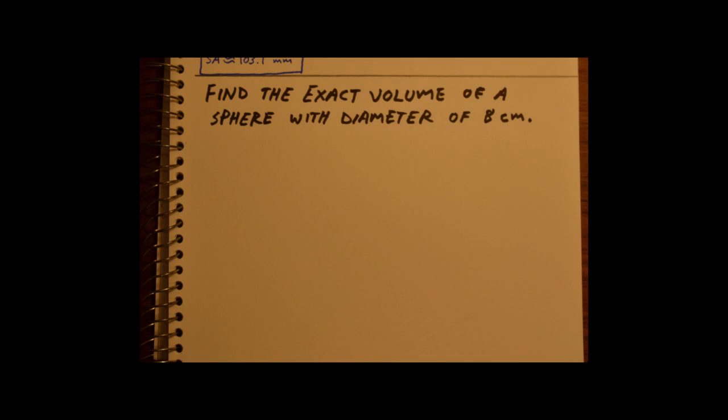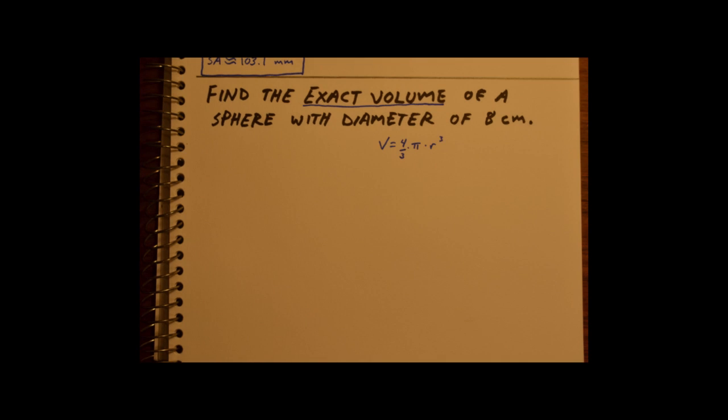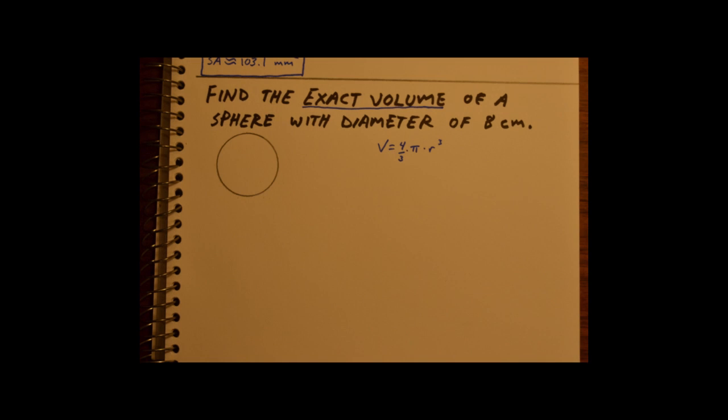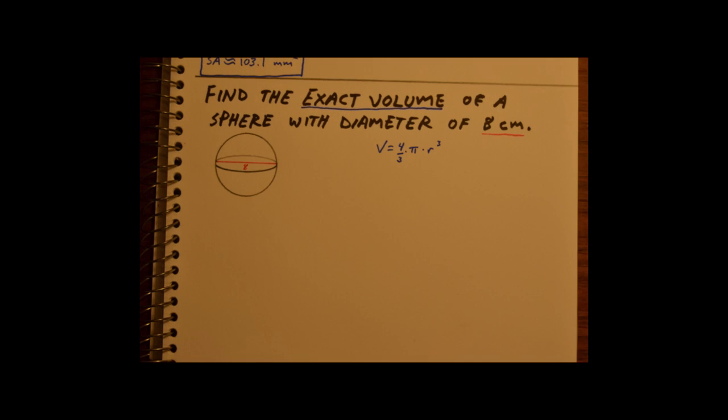Next example problem, we want to find the volume of a sphere with a diameter of 8. Once again, we want to find the exact volume, so we're using 4/3 pi r to the third power. And we know the diameter is 8, and that tells me that the radius is half as big, so the radius is 4 centimeters. And then all that's left to do is sub in 4 into our volume formula.